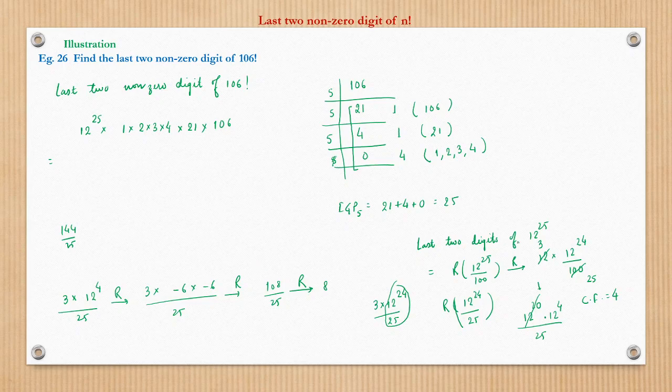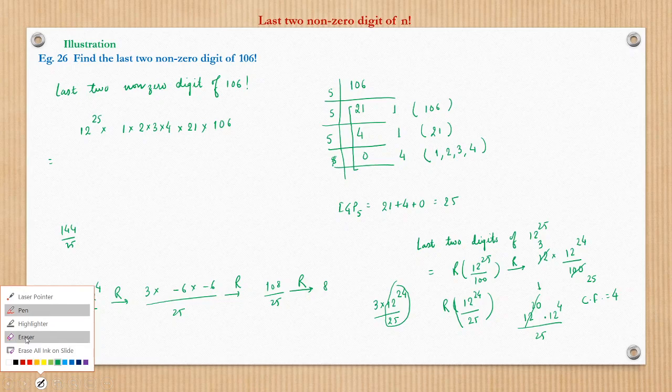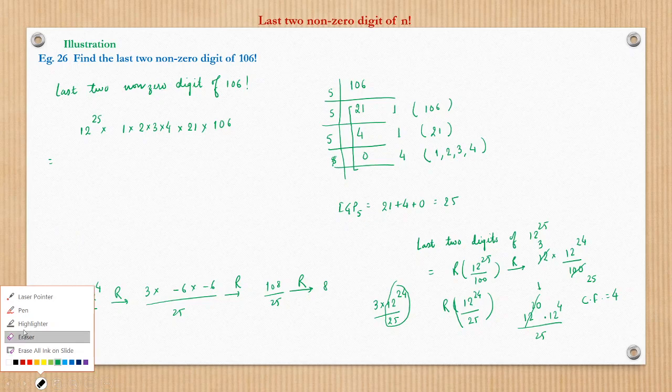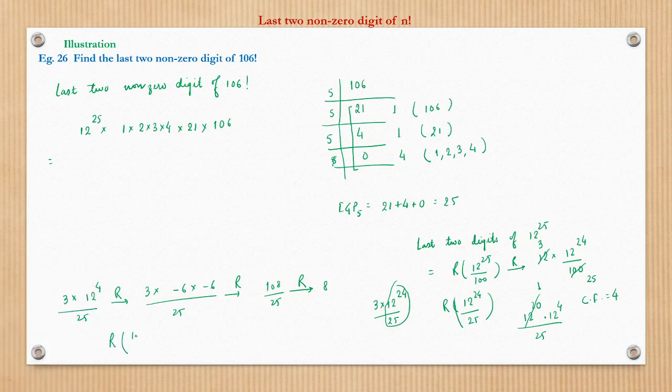8. And the common factor was 4, right? Here the remainder is with respect to 25. So the remainder with respect to 100 would be 8 into 4. So the remainder of 12 raised to power 25 upon 100 would be nothing but 8 into 4. Why 4? 4 is the common factor here.